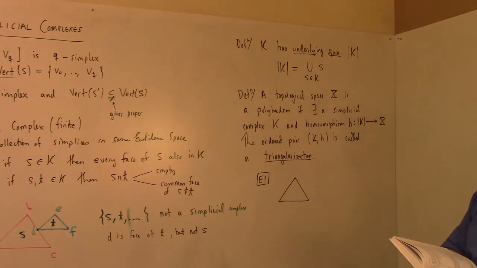Why is he looking at it inside R3? So define K to be the family of all vertices and simplices of delta 2. Then K is a simplicial complex whose underlying space is the perimeter of the triangle delta 2 in R3.